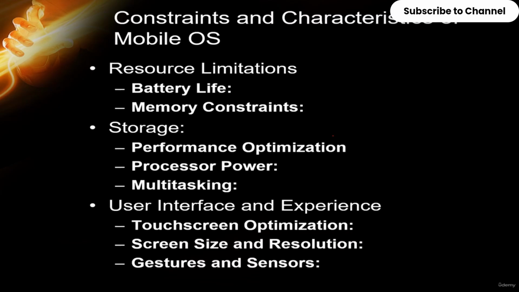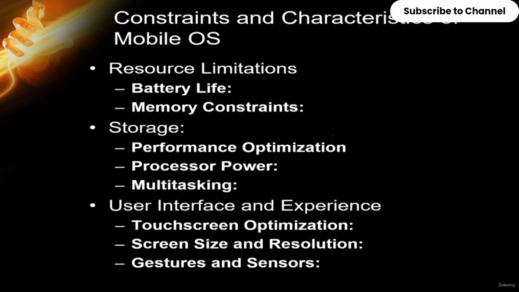All these things should be taken care of. Then finally, cross device compatibility should be there. Many mobile operating systems are designed to work across different devices like smartphones, tablets, wearables, and smart home devices, ensuring a consistent user experience and seamless data synchronization.